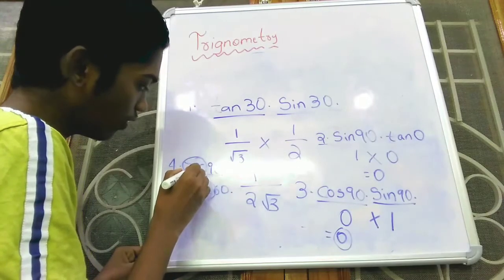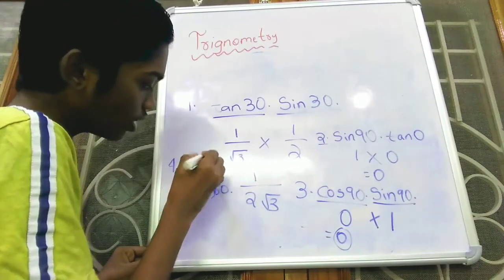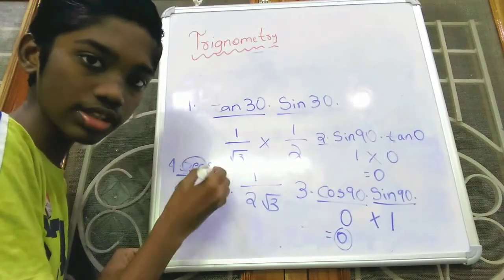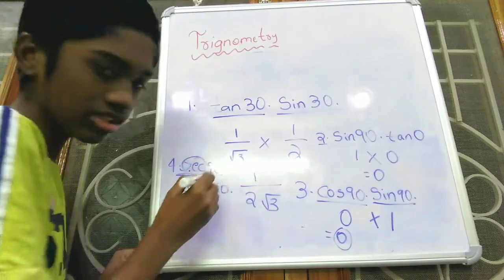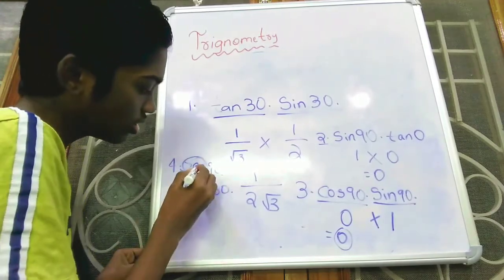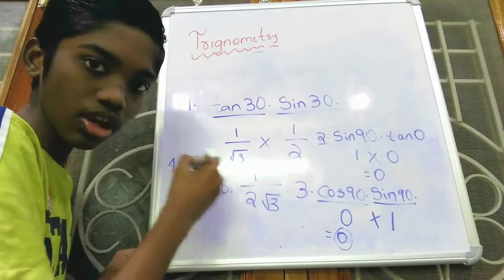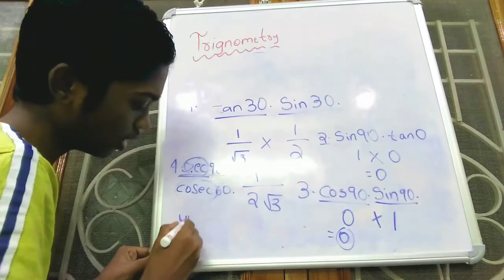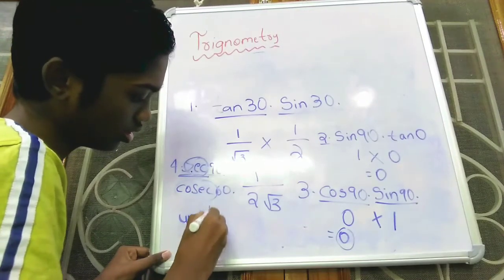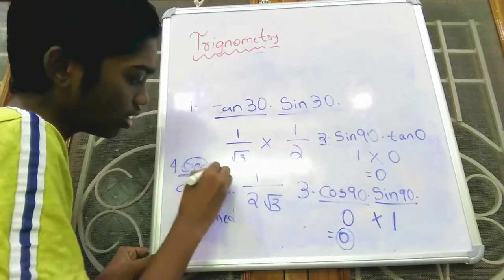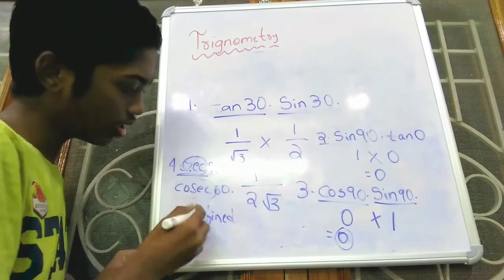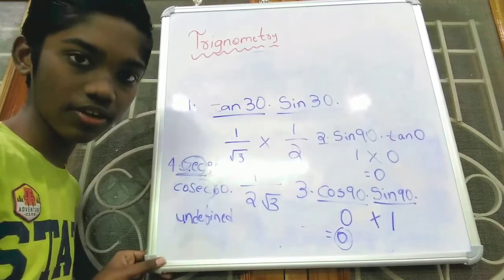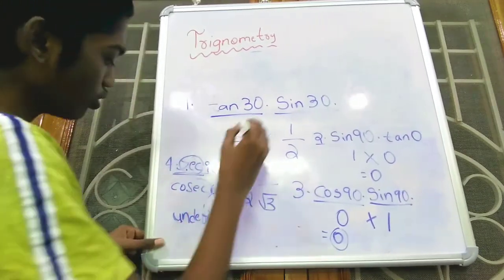Now first you need to think what is the value of cos 90. The value of cos 90 is equal to 0. Then sec 90 will be the reciprocal of 0, which is undefined. As here only we got the value as undefined, the answer for this question also will be undefined. So let us move to the other problem.